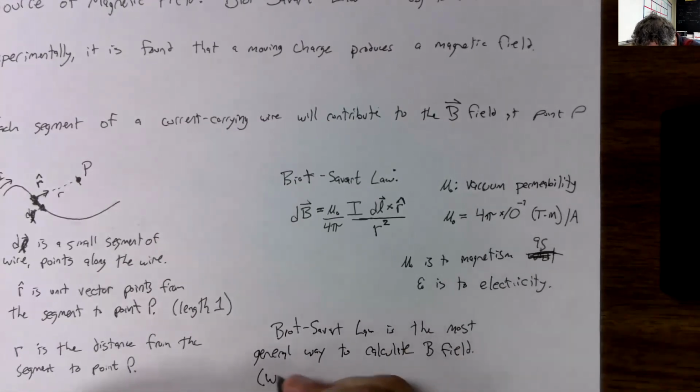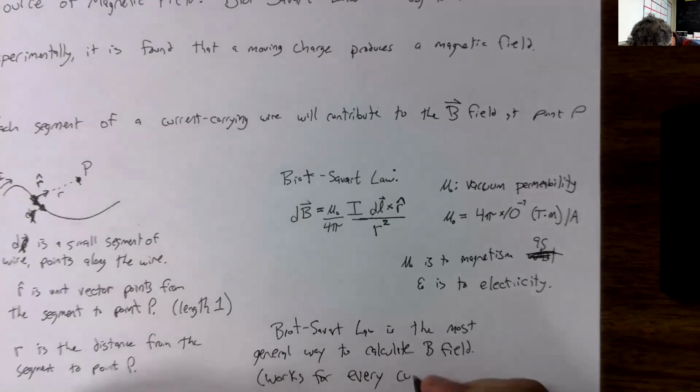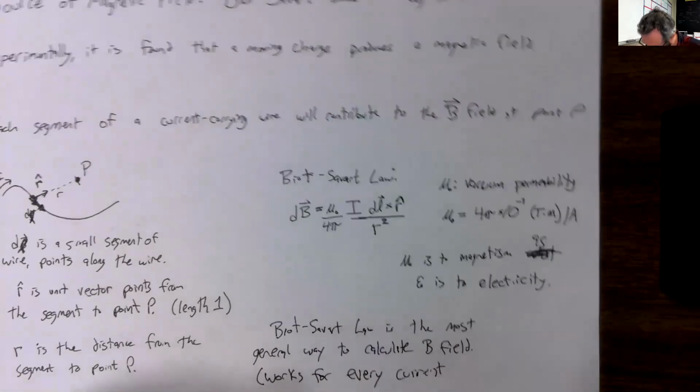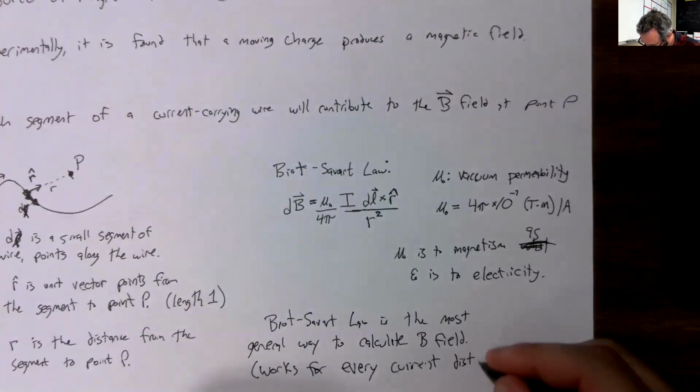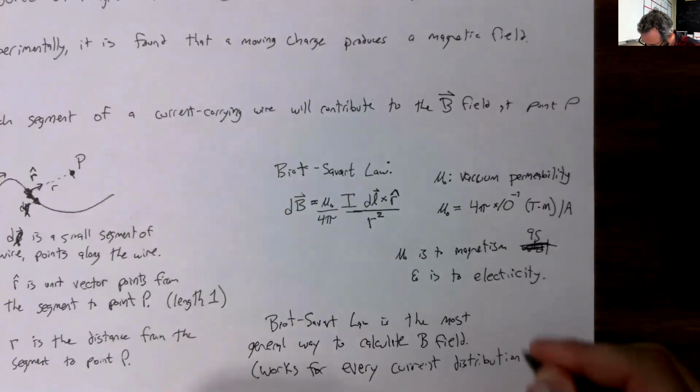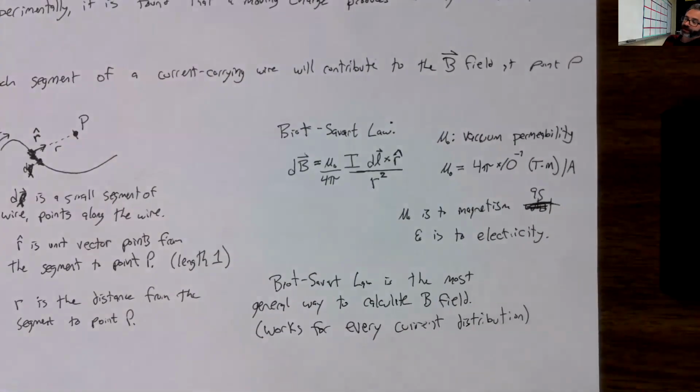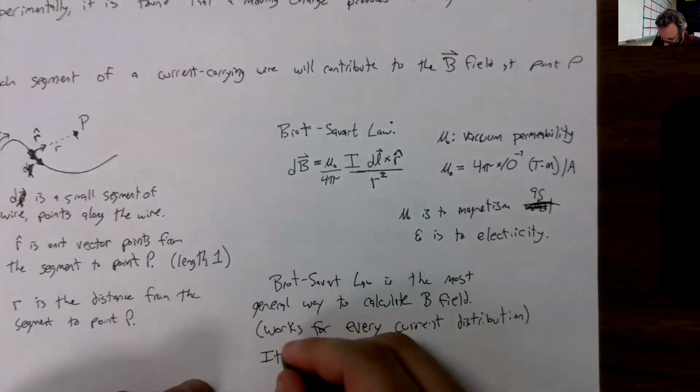What I mean is it works for every current distribution, let's say. No matter what currents you have, you can use this to figure out the magnetic field, but it's also the hardest way to do it.